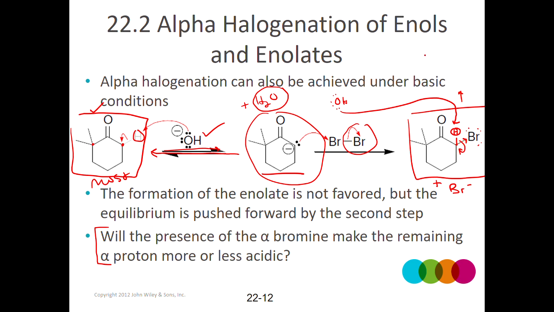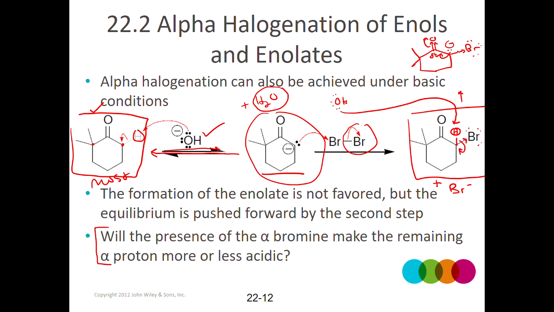And that would produce a different enolate because now there's a bromine there. And since the bromine withdraws electrons through induction, that is an added thing that stabilizes this negative charge, in addition to the resonance with the oxygen and the induction of the oxygen creating a positive to help stabilize that negative. So that means that the product is even more likely to donate a proton than the initial reactant.